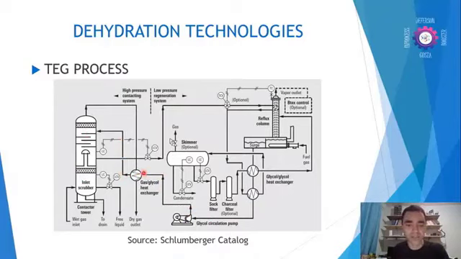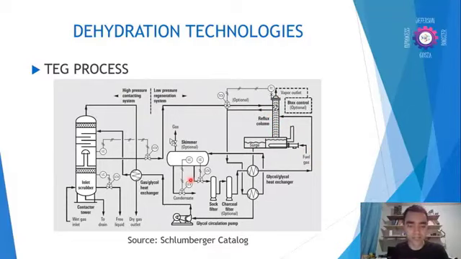And with this, we have the regeneration and the removal of water, and because of the characteristics of the process, from time to time we need to add TEG to the system because we have small losses in the process.